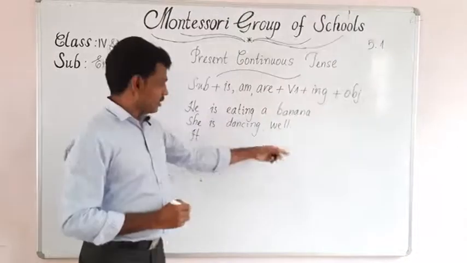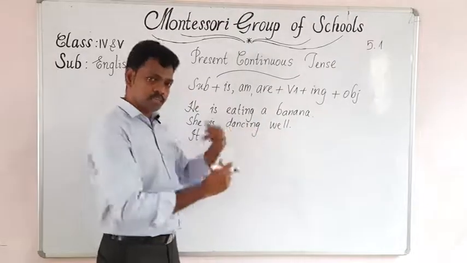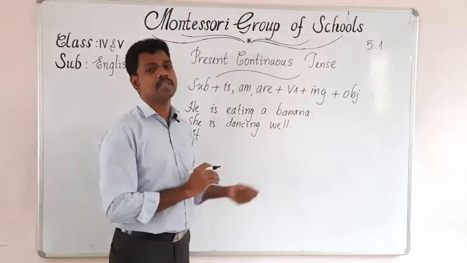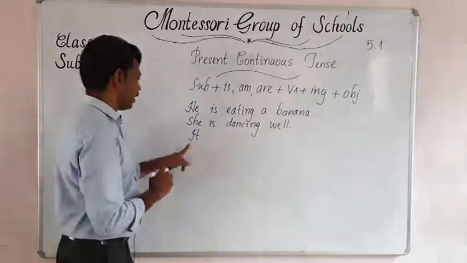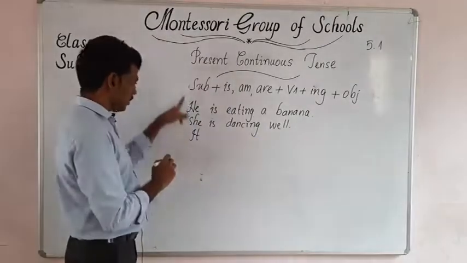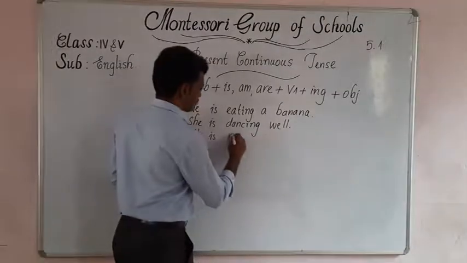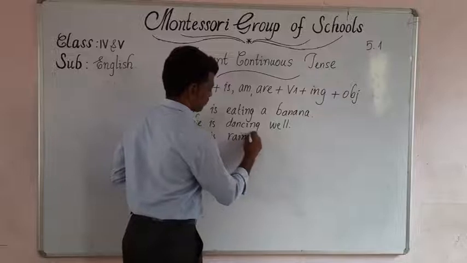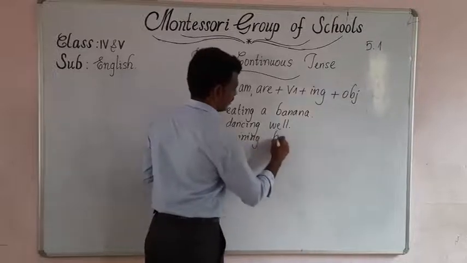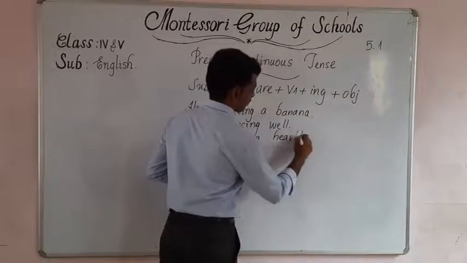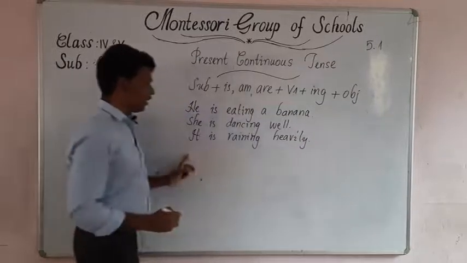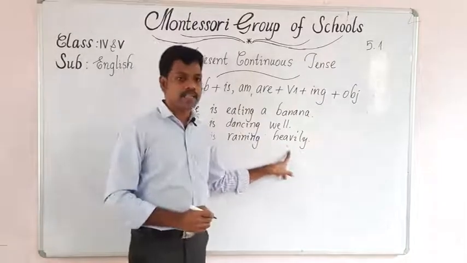That means the action of dancing is going on at the time of talking. Now the last one, third person singular: it is raining heavily.